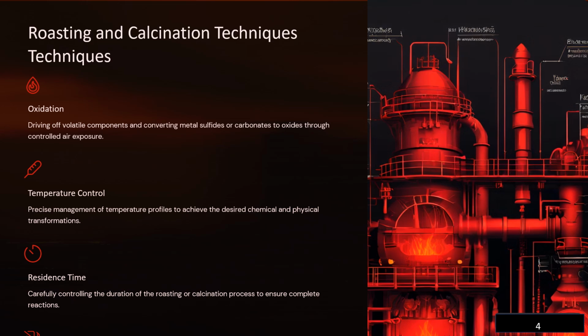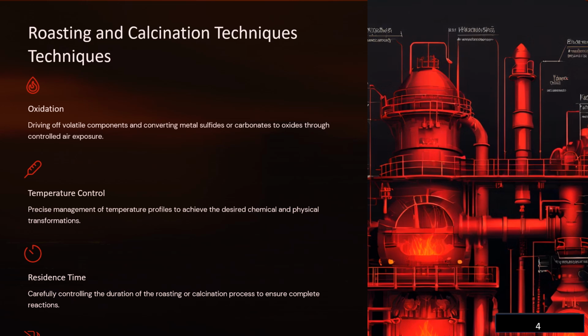Okay, so after the oxidation, we then move to the temperature control. So the temperature control is the precise management of temperature profiles to achieve the desired chemical and physical transformations. We need to control the temperature to avoid underdeveloped or burnt product when we are roasting.